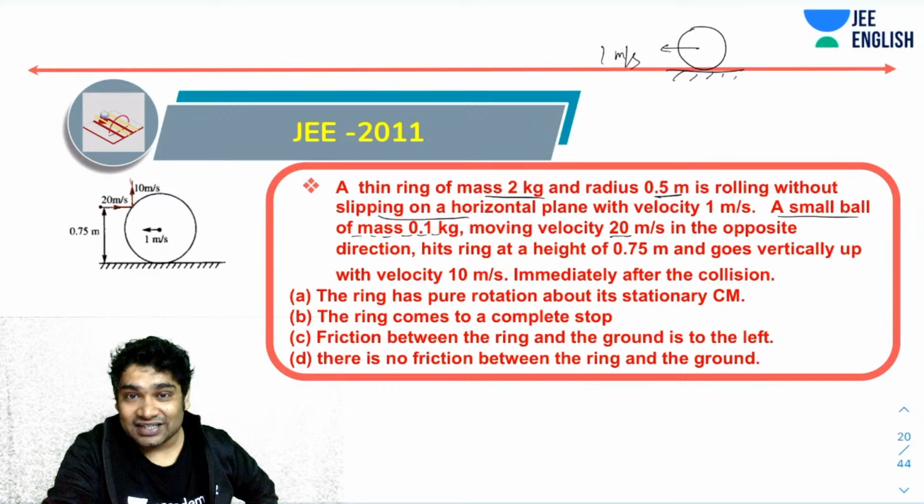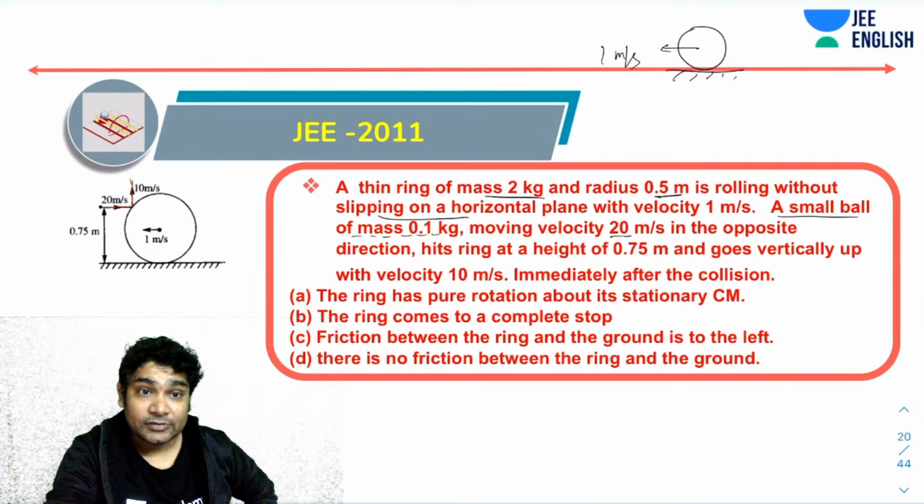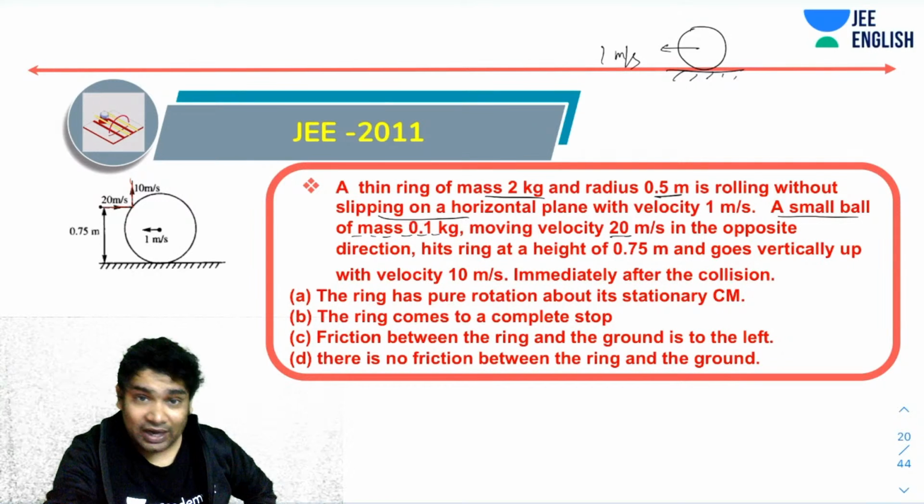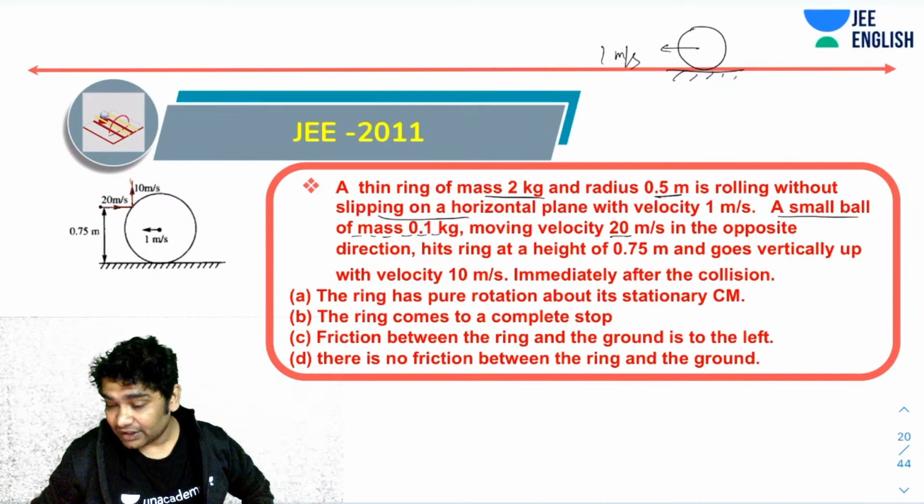So let's assume that there is no friction between the ring and the ground, because otherwise we won't have any other way of solving it. I'll tell you why I'm saying this.